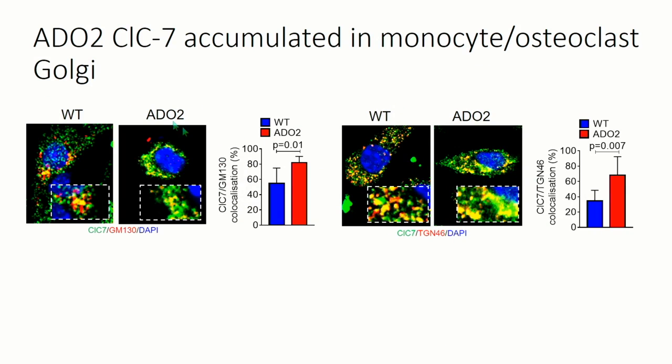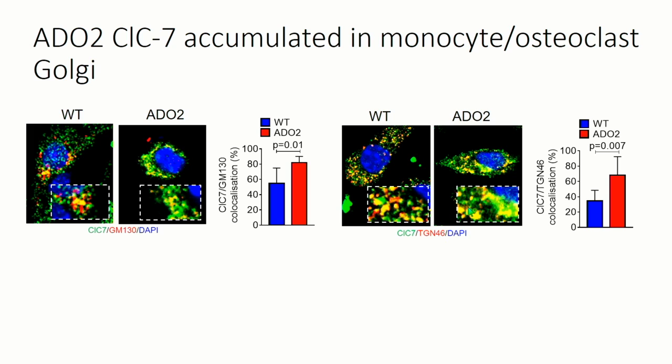Also, we observed some cellular defects in the cells taken from the mice. And again, to make a very long story short, you see here that the colocalization of the protein with the marker of the cis-Golgi and the marker of the trans-Golgi increases, suggesting that this protein is stuck in the Golgi.